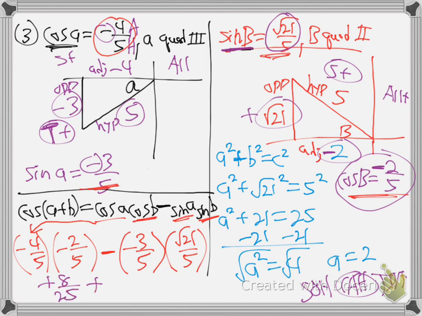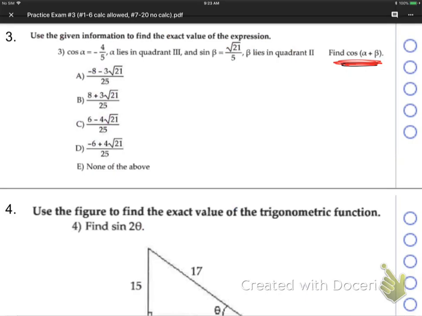These two multiply to positive 3 root 21 over 25. Everything turns out positive in the end, because 2 negatives and 2 negatives. And there we go. 8 plus 3 root 21 over 25.